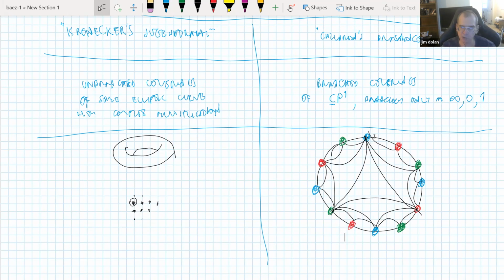So that's what I'm suggesting, that we should be able to interpret the absolute Galois group as just acting on this picture in a certain way. Now, the absolute Galois group in this dream is supposed to be some subgroup of the profinite completion of the free group on two generators, or some.